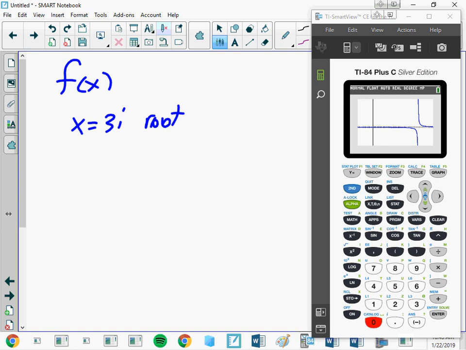What else do I know? This is a third degree. That's important. And if 3i is a root, then negative 3i is also a root. Okay. Now what? There's one more root. What is it? It has to be real.